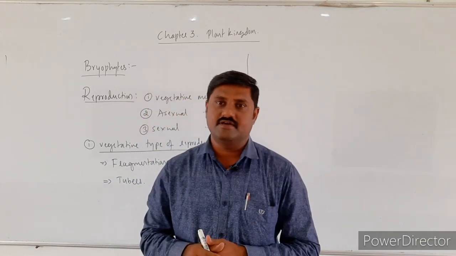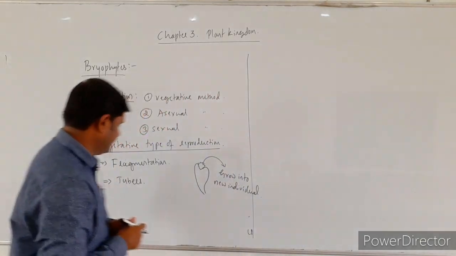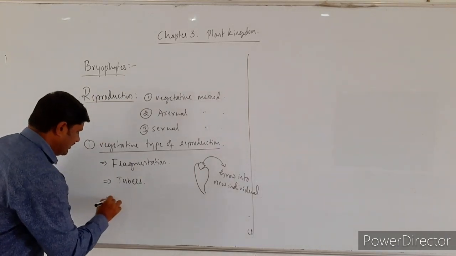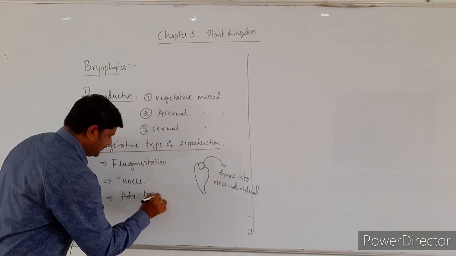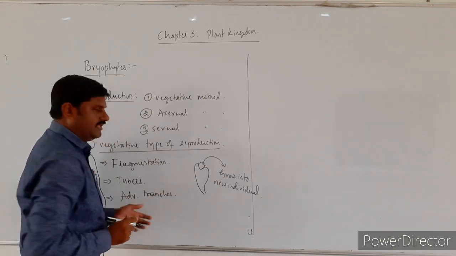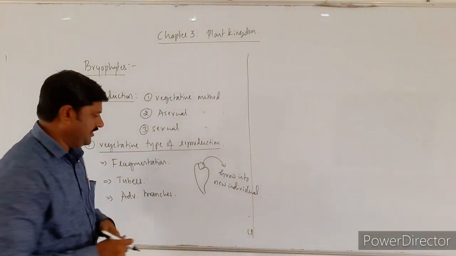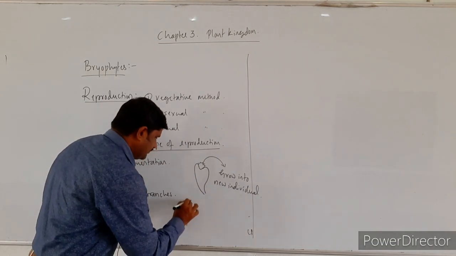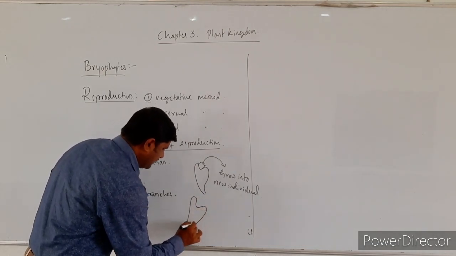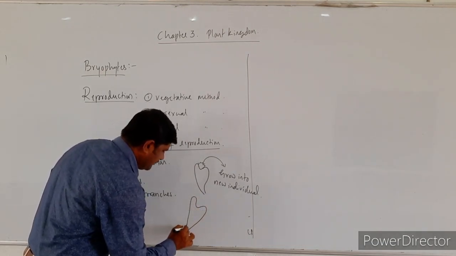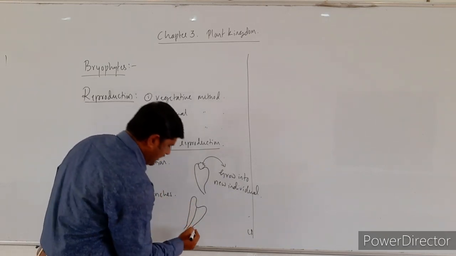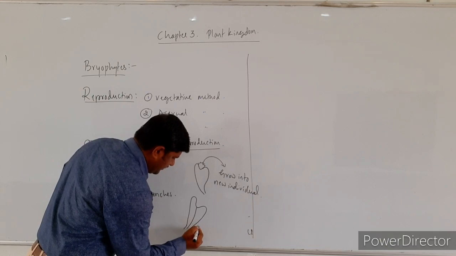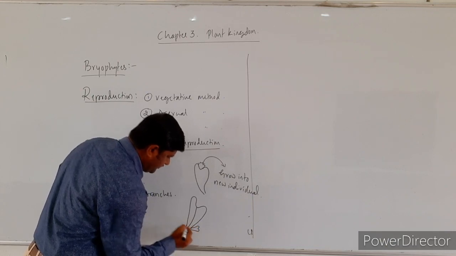One more is adventitious branches. See here, in some of these bryophytes, this is the dichotomously branched plant body, and on this branch you will find some adventitious branches.